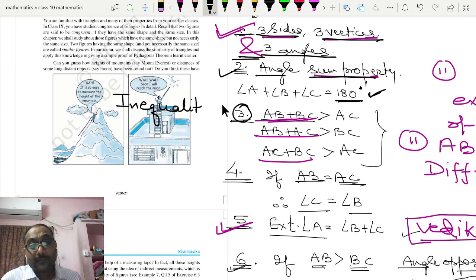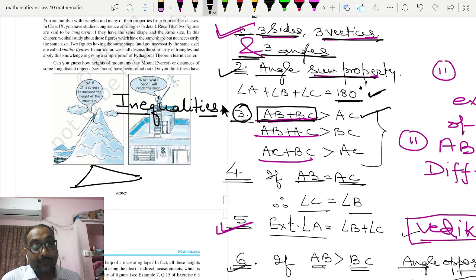See, another property that is called inequalities property. This inequalities means if you find the sum of two sides of a triangle, this will be always greater than the third side. Okay, suppose there is a triangle, this is of 10 centimeter, this is of 12 centimeter, and this is, you can say, 23.